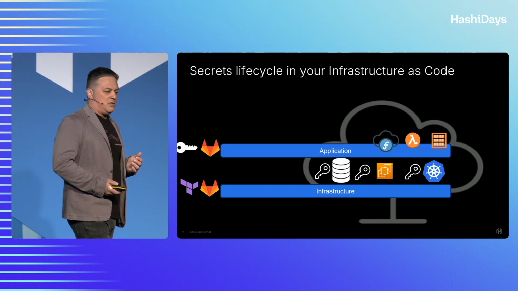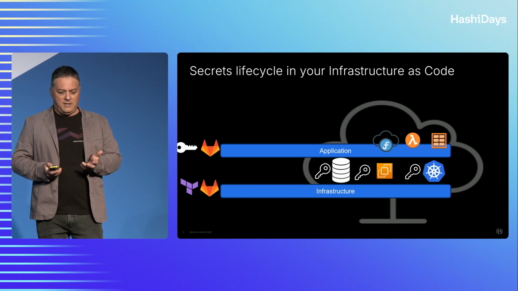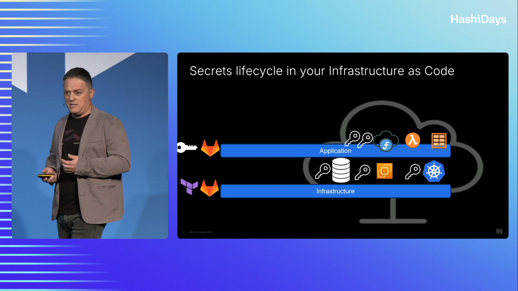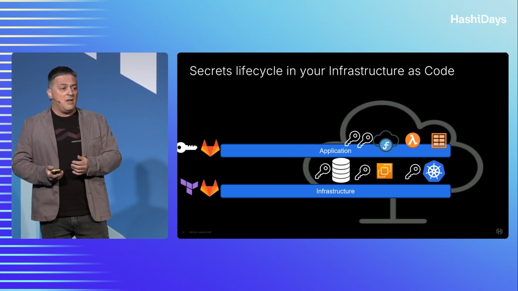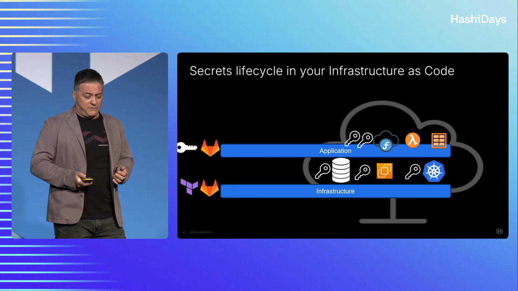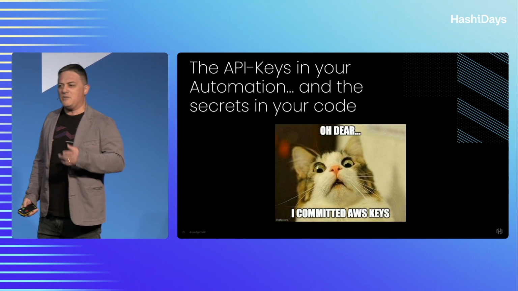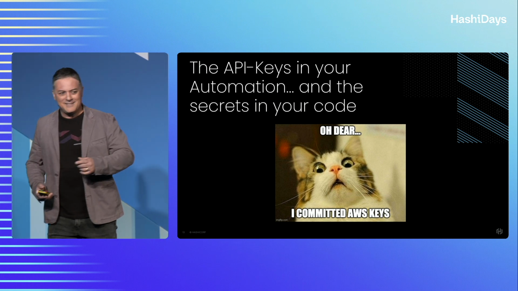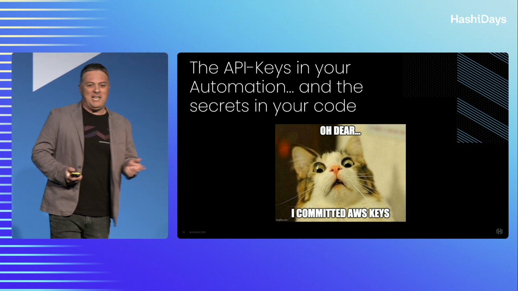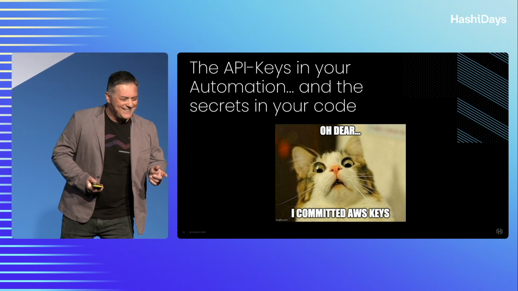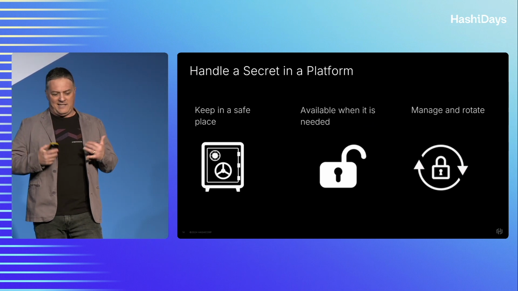And we must use those secrets to deliver our application, because our application, in some way, is using those secrets and consuming the resources based on the access they have. And here is the problem. How many times have you seen where people put their API keys and secrets? And believe me, Git does not forget.